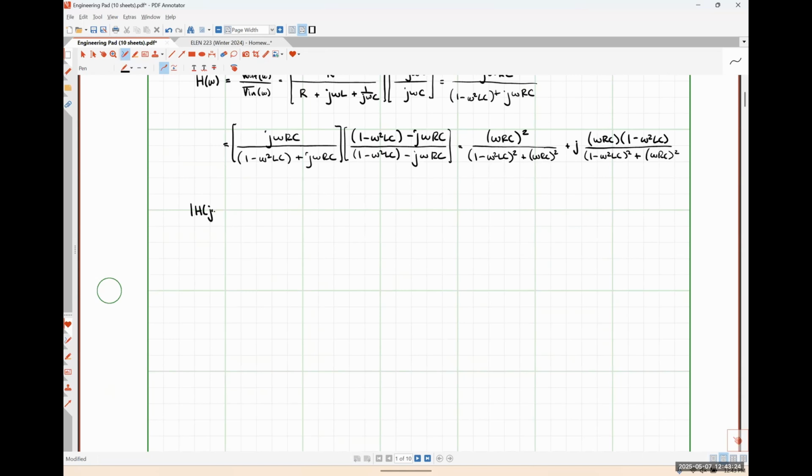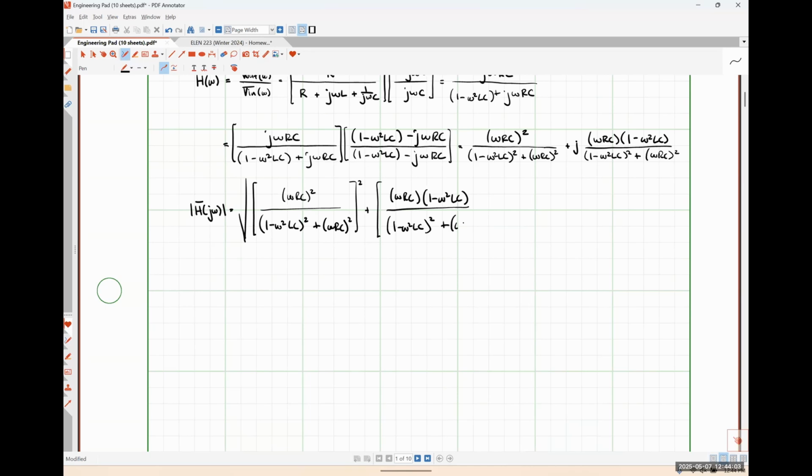So the magnitude of H of j omega is going to be the square root of my real part squared plus my imaginary part squared, like so.